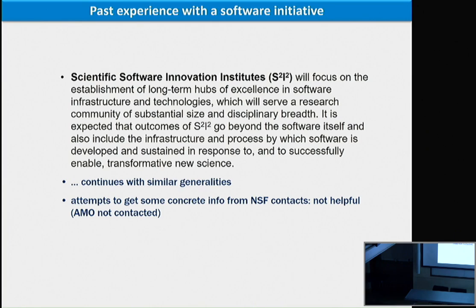There's maybe two times as much, basically in the same vein. If you know what kind of proposal you should prepare, maybe you can explain it to me. We actually called and emailed several NSF contacts listed on this, not AMO, because this solicitation was really aimed at materials design. So we didn't get any helpful information.